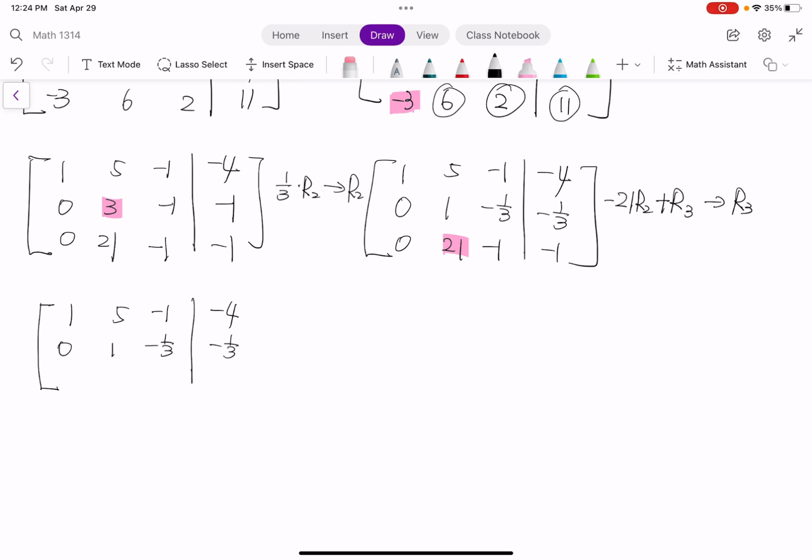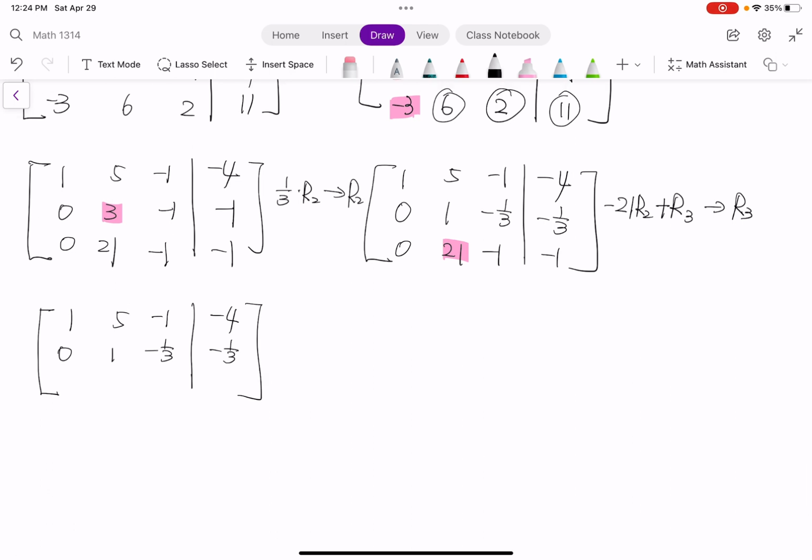And the last row, I'm using -21 times R2. Times 0 plus 0, that's 0. And -21 times 1 plus 21 is 0.